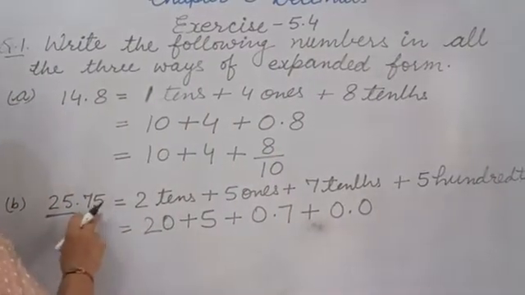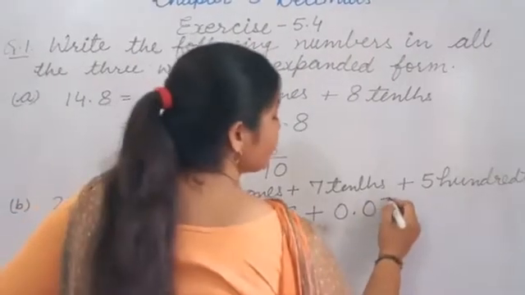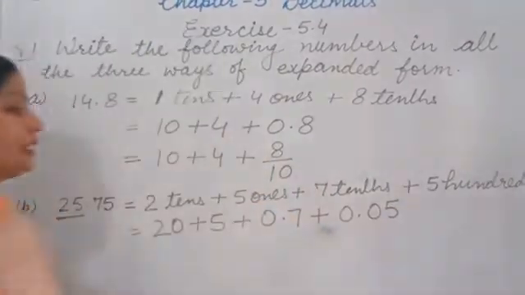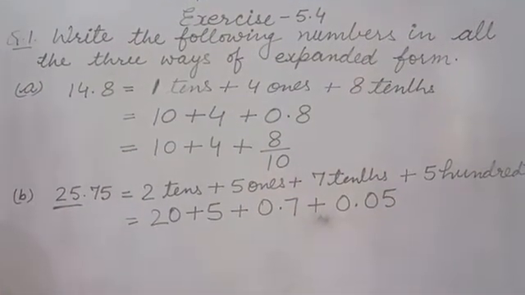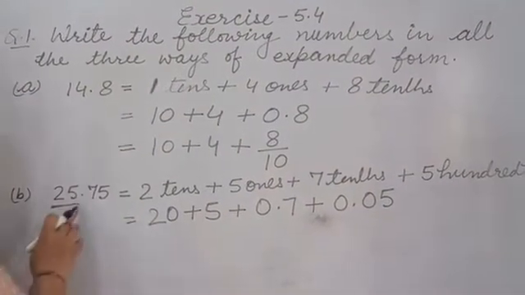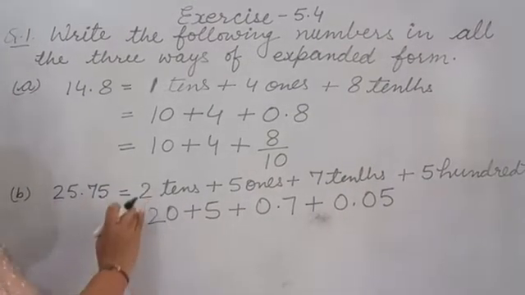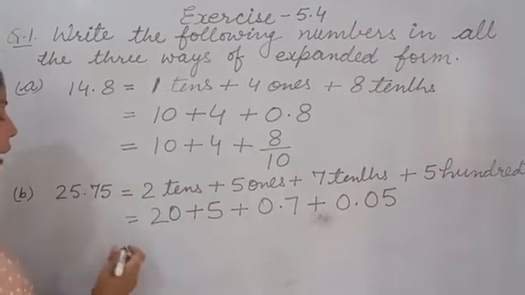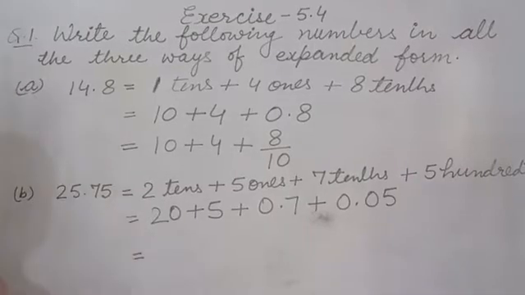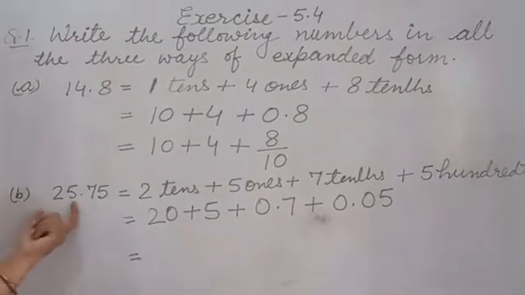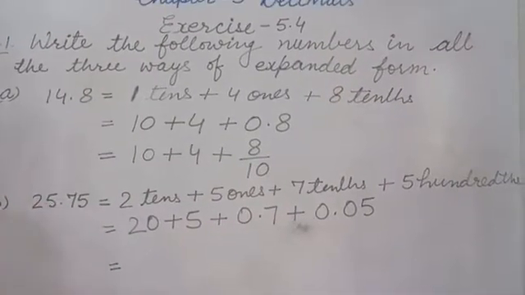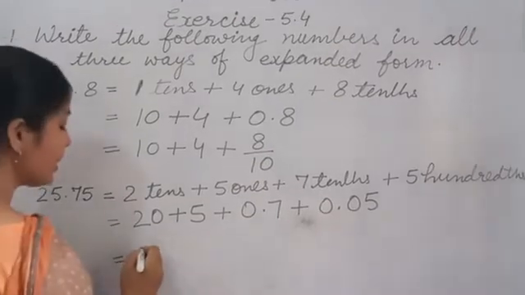And in hundredth we have 5, so it becomes 0.05. Okay. Now third method. First is place value, second is decimal form, and third is fractional form. So in fractional also the whole number expanded form is the same, 25 is 20 plus 5.